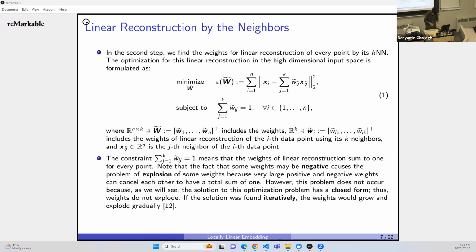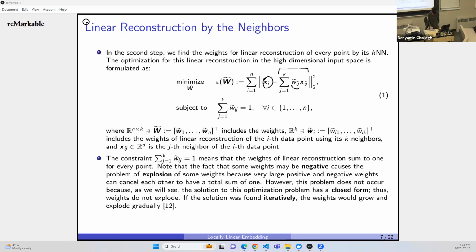Okay, so let's model it mathematically. For every point xi, I want it to be represented as a linear combination of its neighbors. xij is the jth neighbor of xi, right? And this wij tilde is my optimization variable, the coefficient of the linear combination, right?